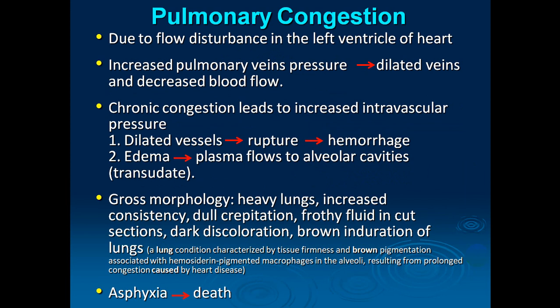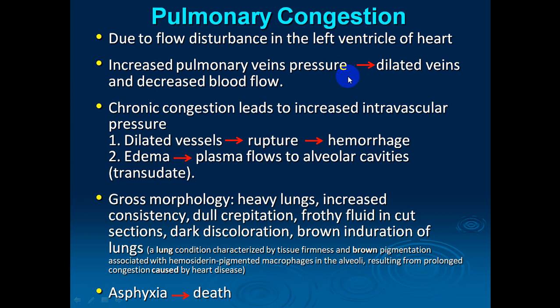So let's talk about pulmonary congestion now. Pulmonary congestion occurs due to disturbance in the blood flow in the left ventricle of the heart. It is also characterized by increased pulmonary vein pressure.